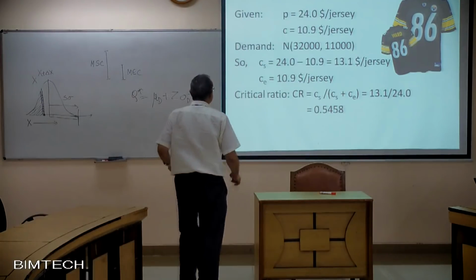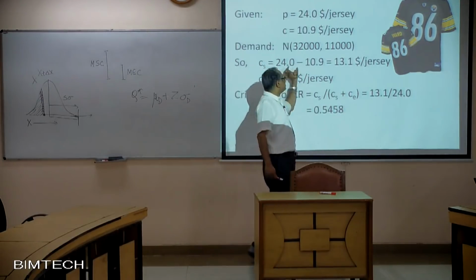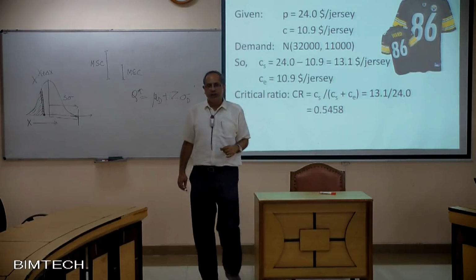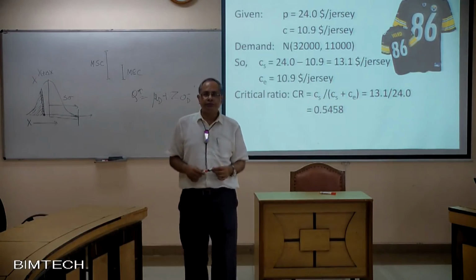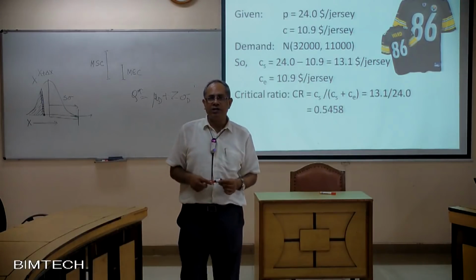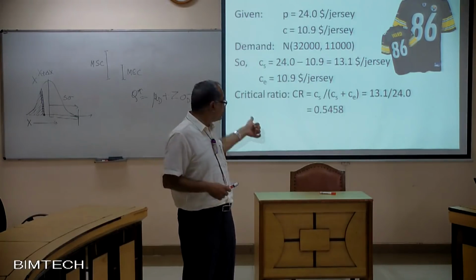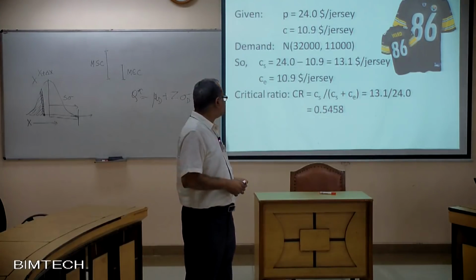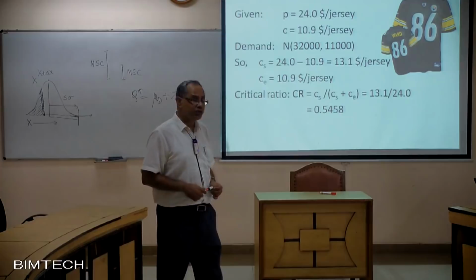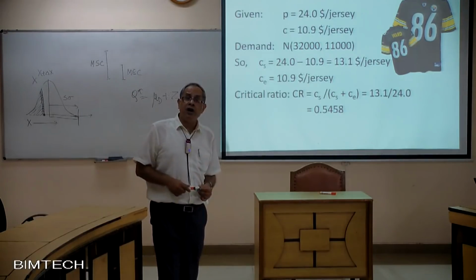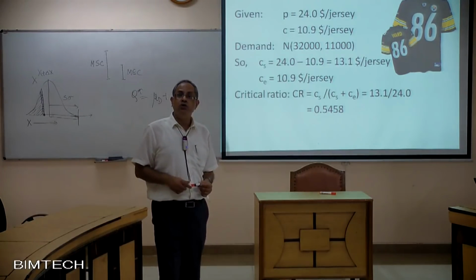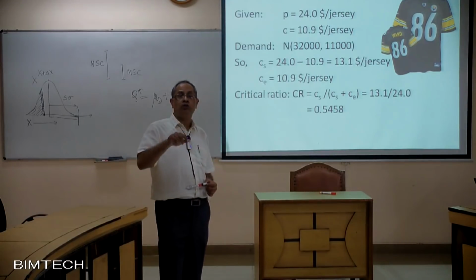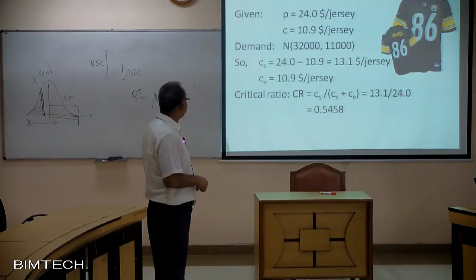The margin that we lose is the price minus the cost, or $13.1 per jersey that we fall short. I hope that is very, very simple to understand. Whenever we fall short, in this example, the unit shortage cost is going to be the profit margin that we stand to lose, which we could have earned if we had not fallen short.